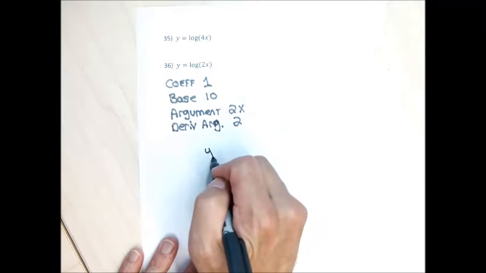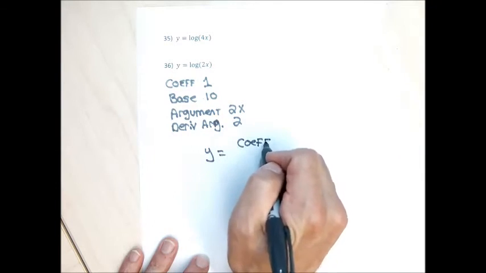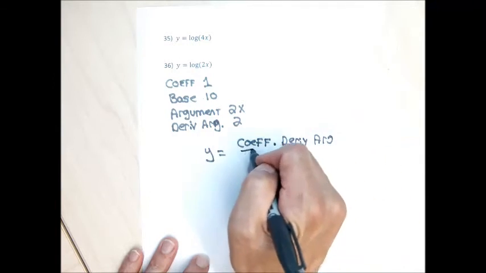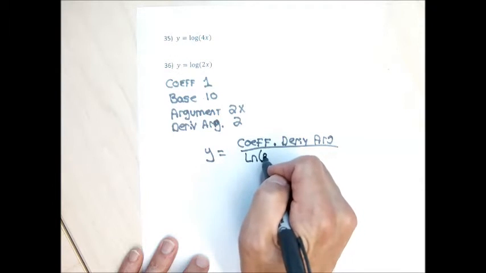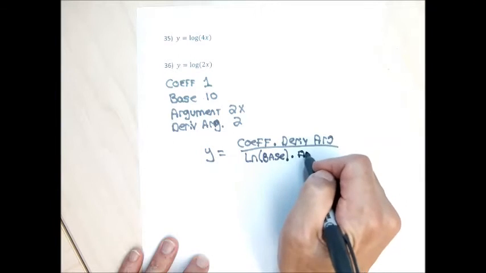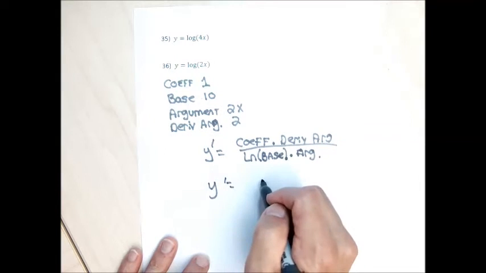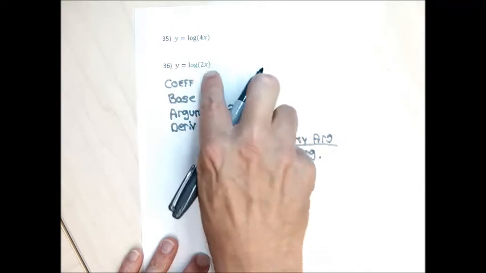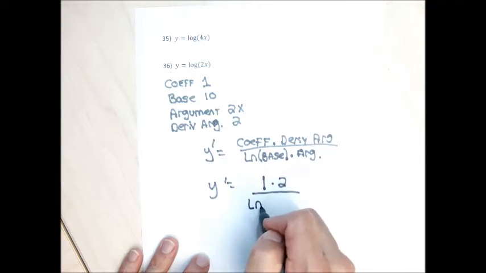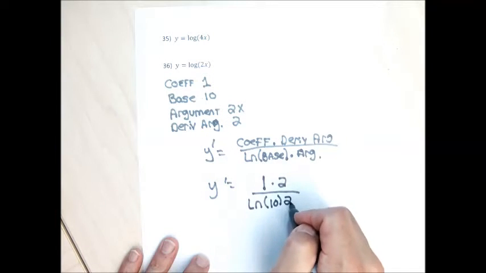So the derivative is going to equal the coefficient times the derivative of the argument over the natural log of the base times the argument. So the derivative, y prime, is going to equal the coefficient 1 times the derivative of the argument 2 divided by the natural log of the base, ln of 10, times the argument 2x.